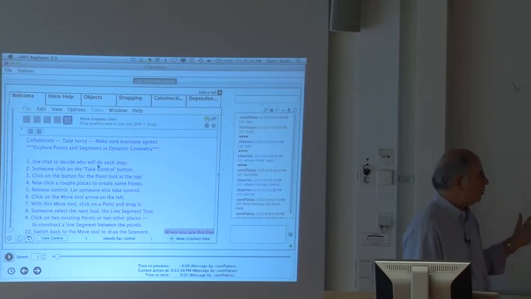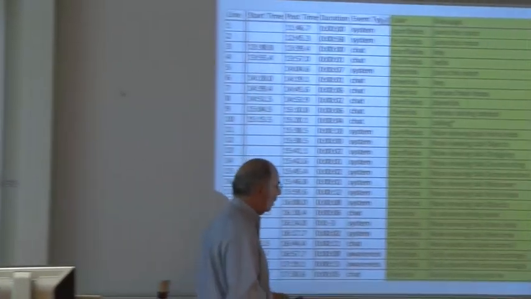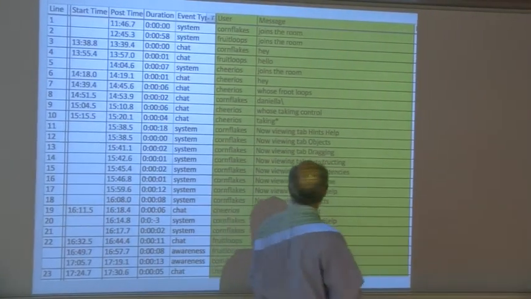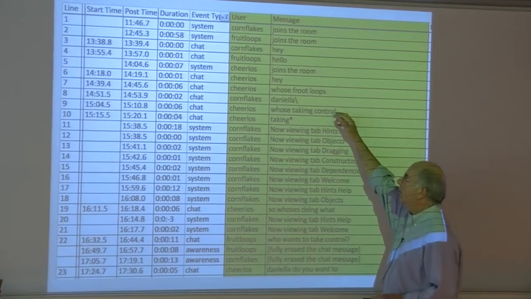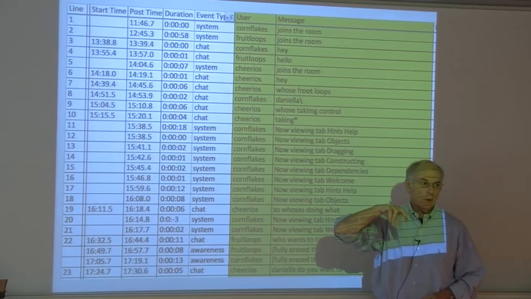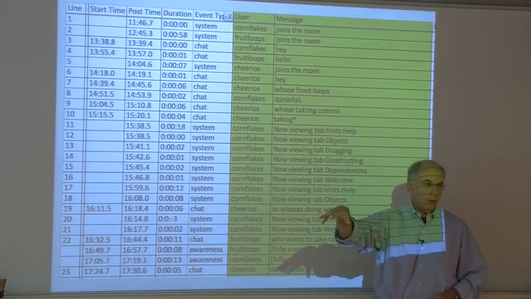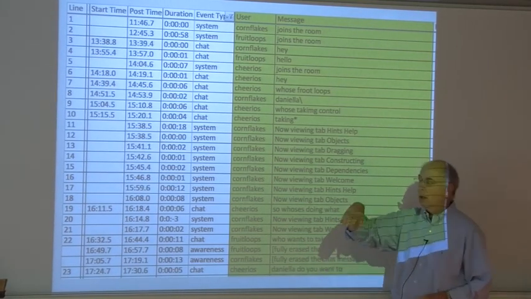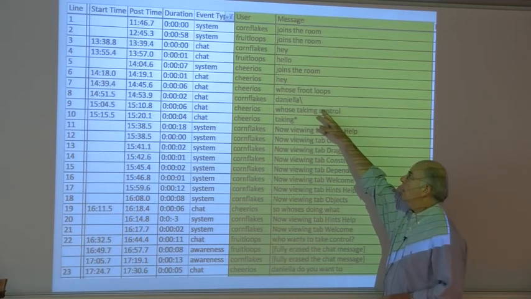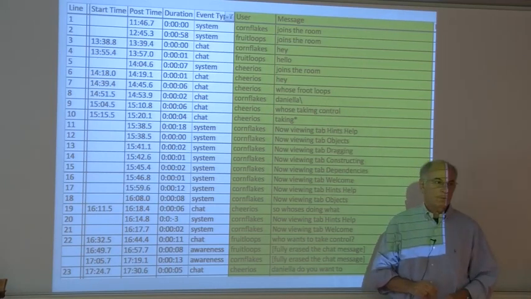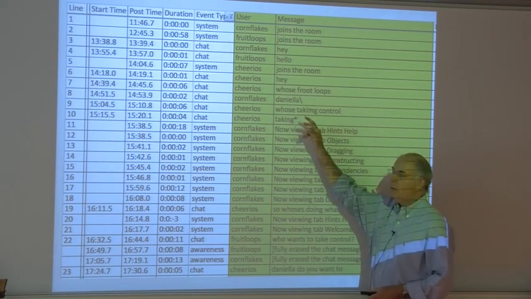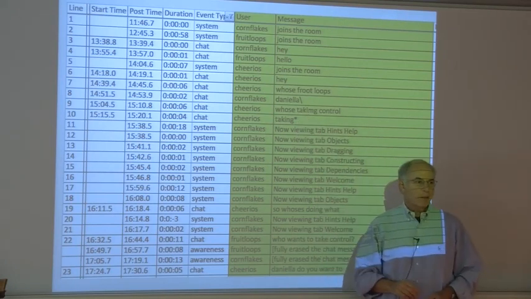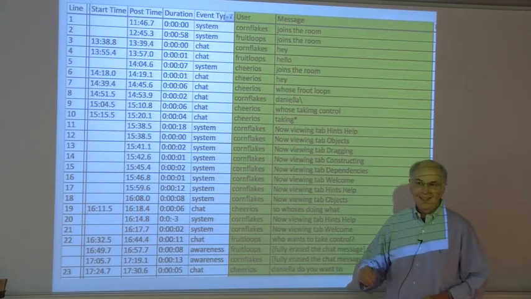So let's just start looking here and see how they're doing. They say hello to each other. These are three girls in the same class. They're probably in the same room in a computer lab. But one says, who's Fruit Loops? And the other one answers, Daniela. So here's a privacy breach.